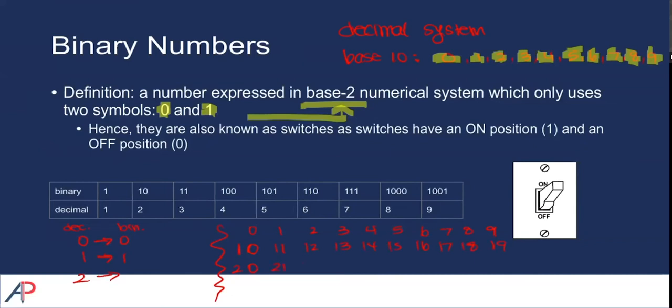Then you keep going, 21, 22, 23, 24, 25, 26, 27, 28, 29. You've maxed out the ones place again, but it's okay because you can increment the next place value. So it's 3, 0, and then you can keep going.